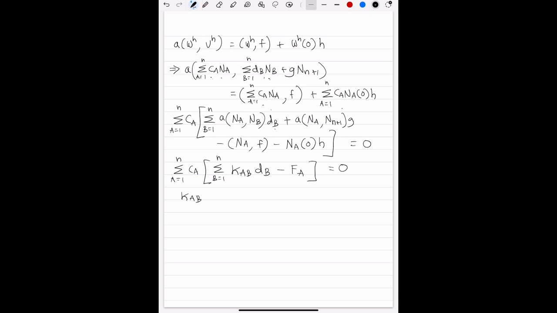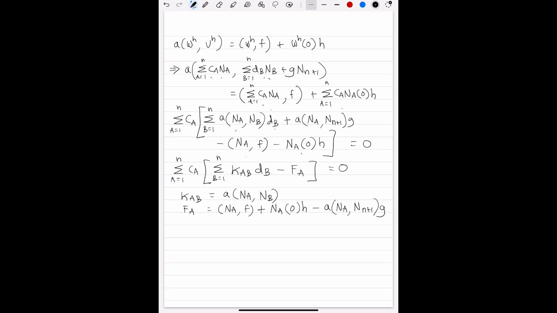Here Kab is given by this first term over here, that's multiplied by dB, which is equal to A of Na, nb, whereas Fa is essentially everything that remains, which can be written as Na, f, this term over here, plus Na evaluated at x equal to 0 times h, which is this term over here, and lastly we have this term over here, which can be written as A of Na, nn plus 1 multiplied by g.